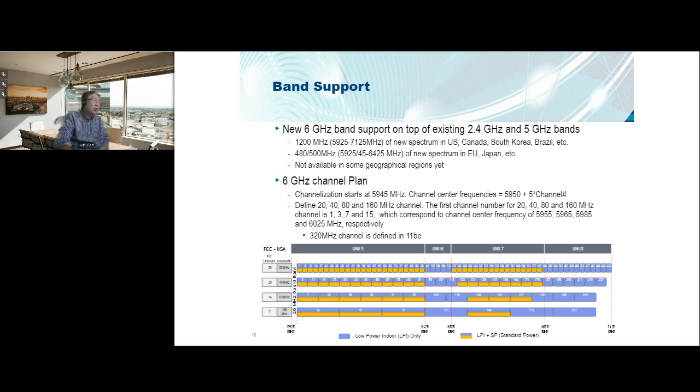That's just to show the U.S. situation, because in the U.S. the channels are divided into two types: one is low power indoor (LPI), the other is LPI plus standard power, which I show in blue and yellow. There are lots of details, so feel free to reference the regulatory rules. But the big news is that in the 11ax time, Wi-Fi will now enjoy much more spectrum.